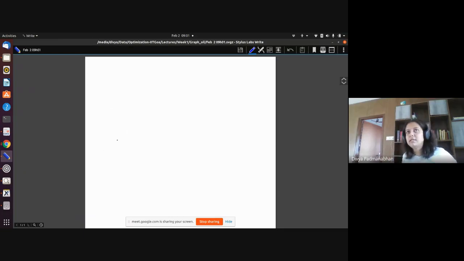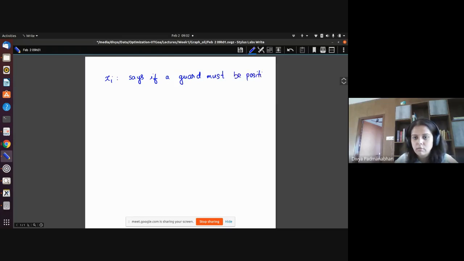So first, like we did, can you tell me how to encode these constraints? So let me just make the start easier. Let us say xi is a variable which says that a guard must be positioned at vertex i.